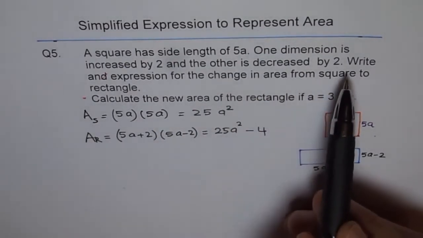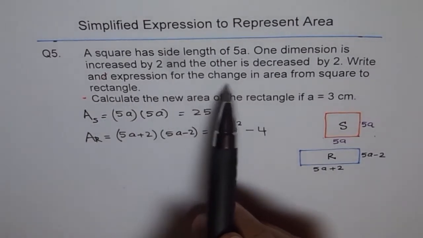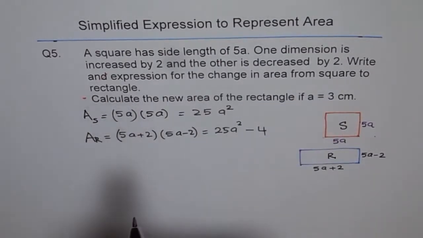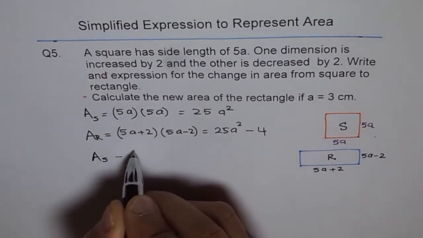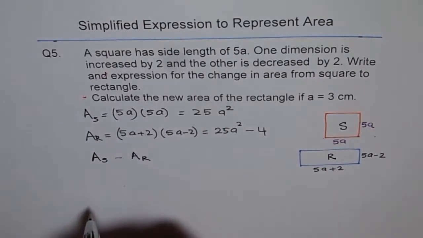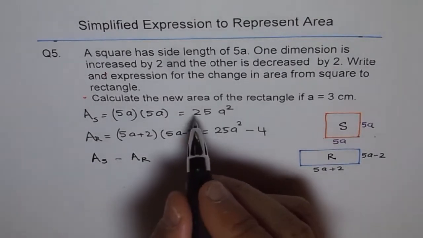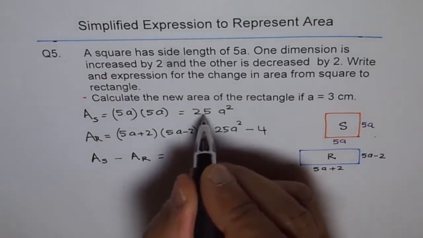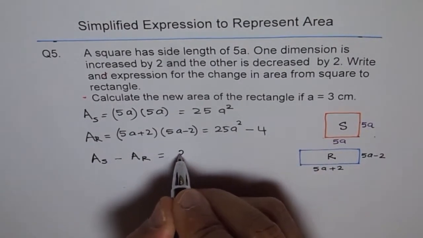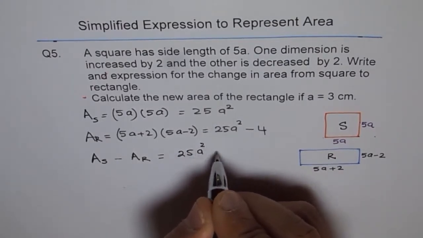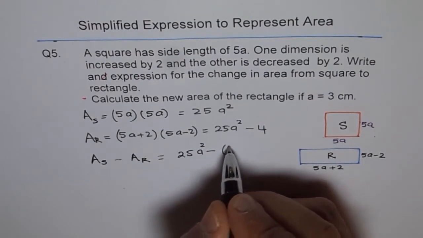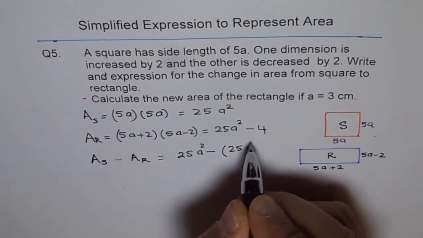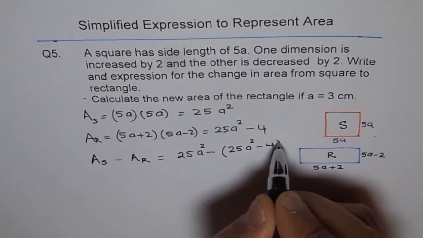Now it says write an expression for the change in area from square to rectangle. So the change in area from square to rectangle is 25a square minus all this, which is 25a square minus 4. Do you see that?